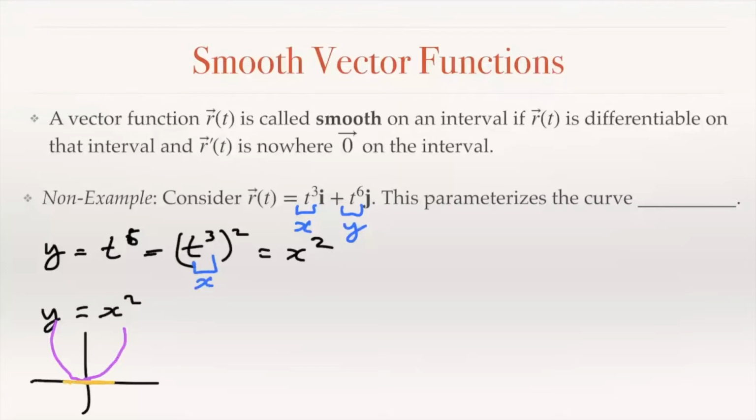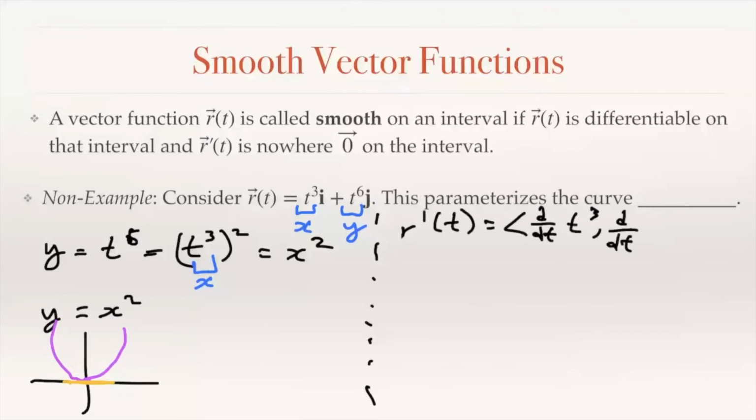However, if we take the derivative of r of t, so r prime of t, that would be d dt of t cubed, comma d dt of t to the 6, which is 3t squared, comma 6t to the 5.